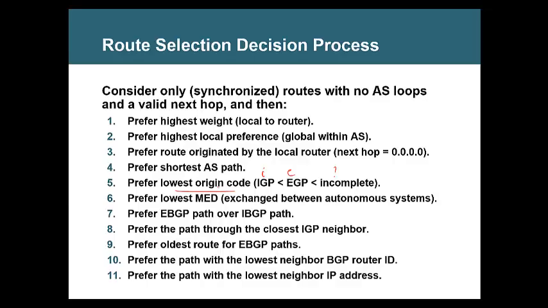Now what if both the paths have the same AS path length and the same origin code like I? Then it will see whether I'm learning through dual homing. Two neighbors connected back to back via two paths, two neighbor adjacencies. Back to back on the same router like this.